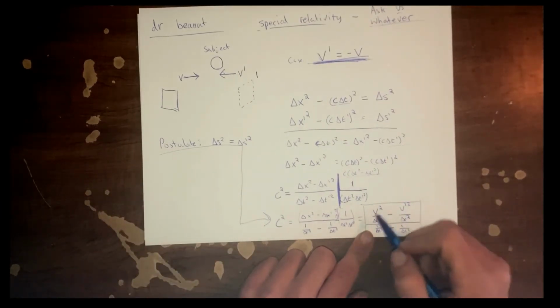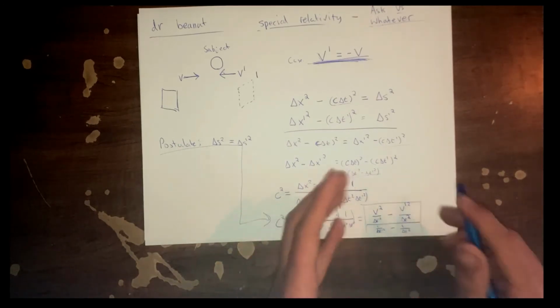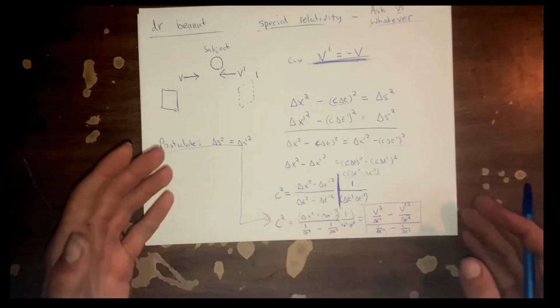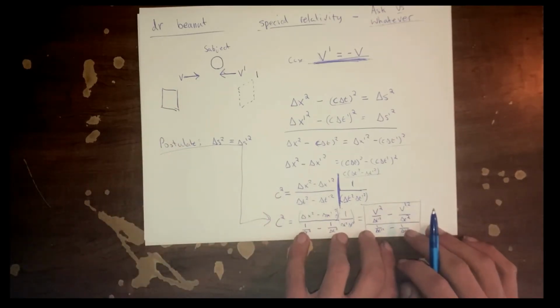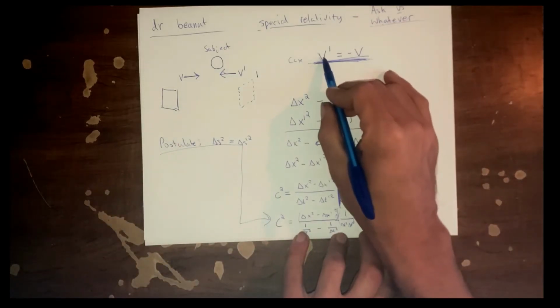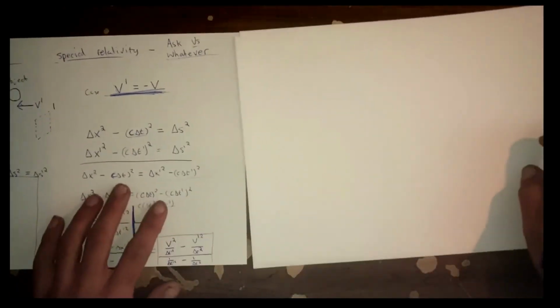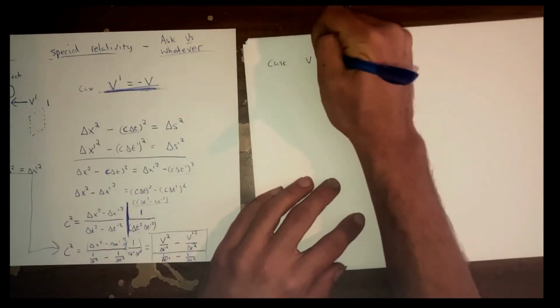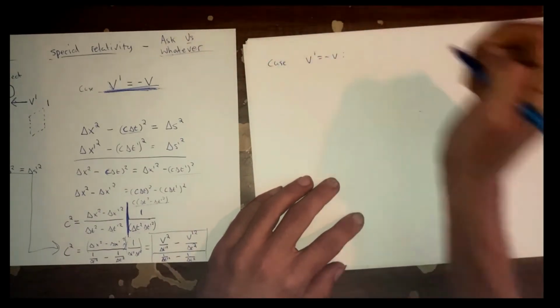Now, this is kind of crazy, and we can't really do anything with this, it seems. So let's figure out something to do to make this model simple. What if we look at the case where v prime is equal to negative v?